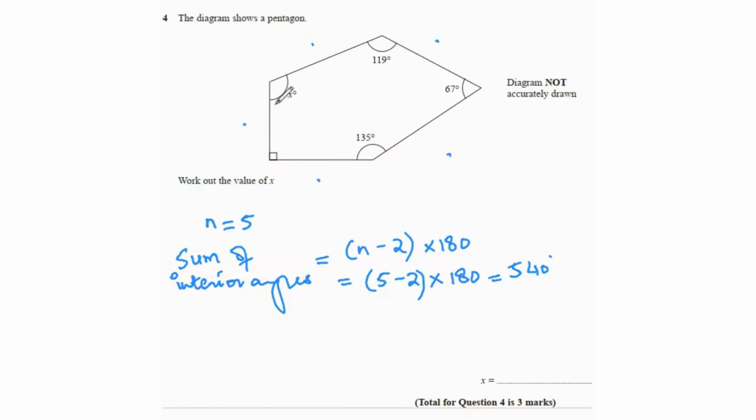As you can see, we have 1, 2, 3, 4, 5 of the angles. The sixth angle, which is x, that's what we're trying to find. So we can do x equals 540, which is the sum of interior angles, minus all of these angles. So 540 minus 135, minus 119, minus 67, and then minus 90. And that is going to give us 129 degrees. That is the value of x.